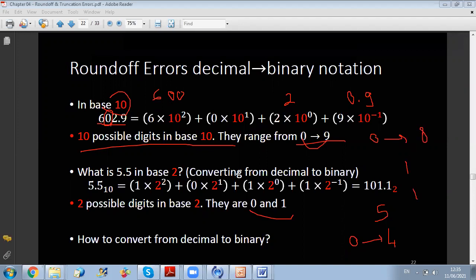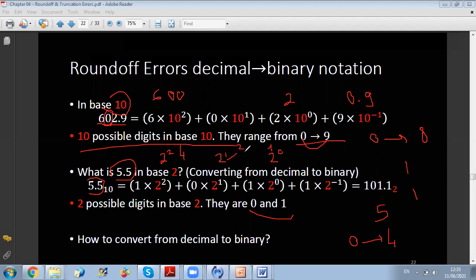Now, for example, if I want to write 5.5 in base 2, how to do this? For simple numbers, I can do it without developing a very complex technique. I can write 5.5 as a combination of powers of 2. 2 square is 4, 2 to the power 0 is 1, and 2 to the power 1 is 2.